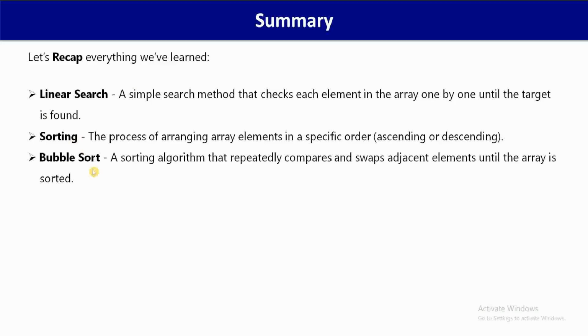Next we have bubble sort, a sorting algorithm that repeatedly compares and swaps adjacent elements until the array is sorted. So bubble sort is an algorithm which repeats till the elements are in a proper format, means in ascending or descending order.